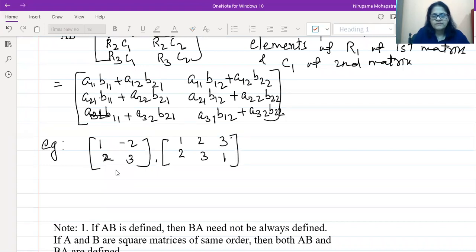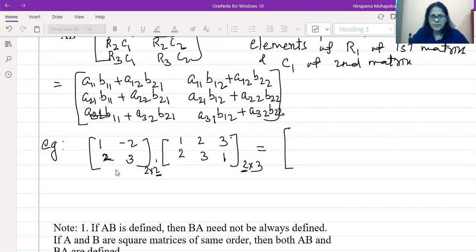So first of all, we have to check whether the product of two matrices is defined or not. Here you see a 2 by 2 matrix and this is a 2 by 3 matrix. So first you have to see that the number of columns of the first matrix should be equal to the number of rows of the second matrix. It's done. It means we can multiply the two matrices. Okay, then the next step is the process.